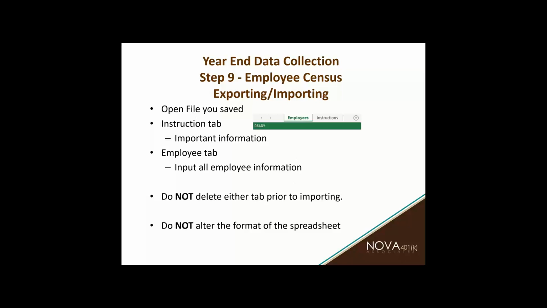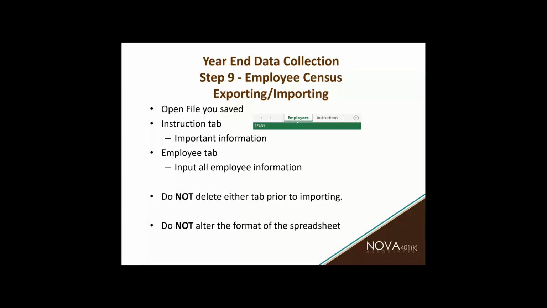So you've saved the file, and what you want to do is open up that file that you saved on your computer, and you will notice 2 worksheets on the file, the employees worksheet and the instructions worksheet. The instructions worksheet will give you details on what we're requesting within each column of the employees worksheet. Okay. It is very important to not delete either worksheet, do not rename either worksheet, and do not alter the formatting of either worksheet.